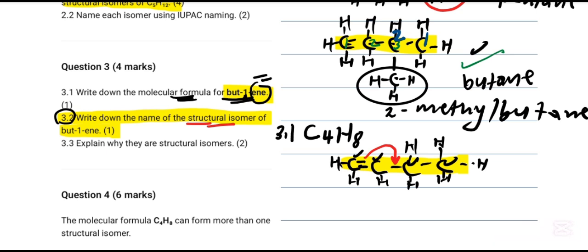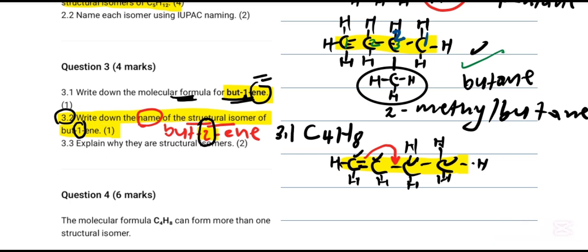Then the question is the name. So the name will be but-2-ene, which means there is a double bond on carbon number 2. The double bond was on carbon number 1, now we put it on carbon number 2. We call these positional isomers.